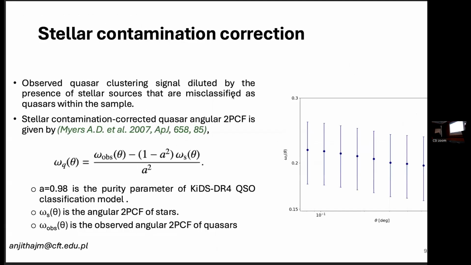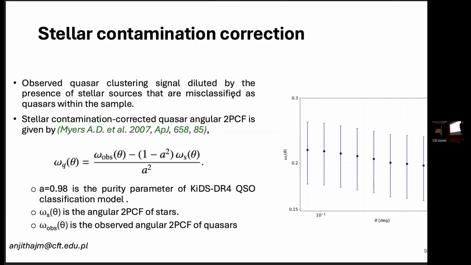But this quasar catalog, that means the classified quasar catalog, is contaminated by stars. This motivates us to apply a stellar contamination correction in the angular clustering measurement. We used a stellar contamination correction formula from Myers et al. 2007.